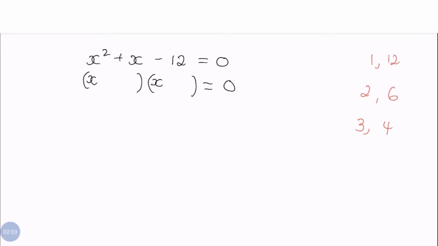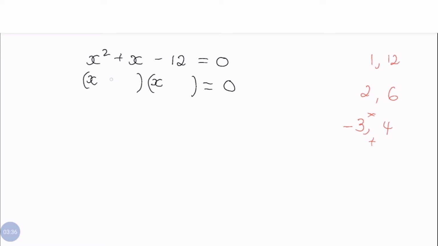So we have to use two factors of 12 which when multiplied together they will give us an answer of negative 12 but give us a positive 1 when they're added together. I think this pair can work for us because if we make this 3 a negative, it will give us an answer of negative 12 when we multiply and give us an answer of positive 1 when we add.